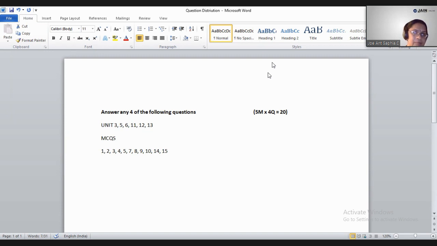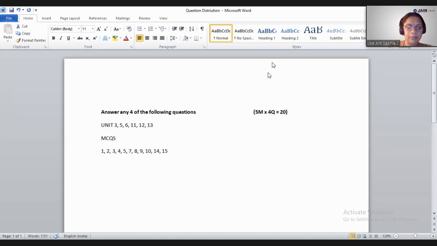Unit 11: Singleton pattern. If it is a pattern, they can ask about the singleton pattern, or its significance, benefits, whatever may come. So for the singleton pattern, you have to study everything together.